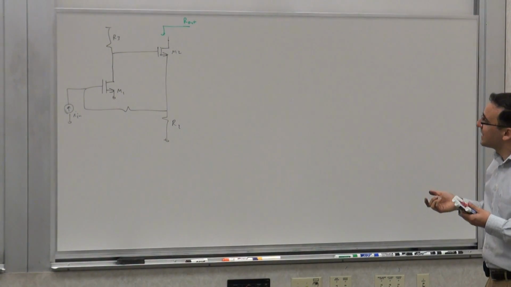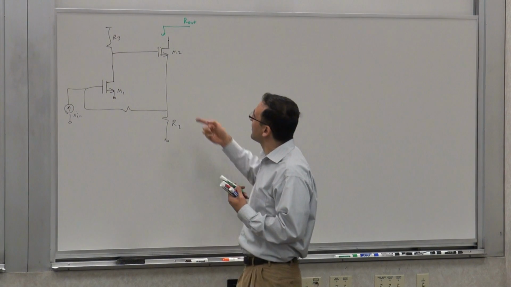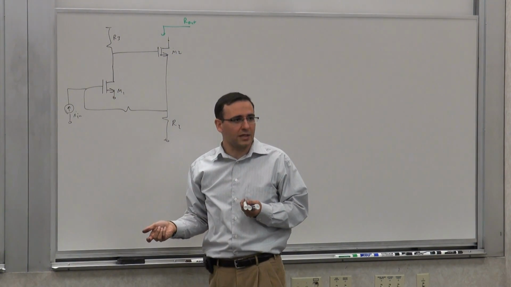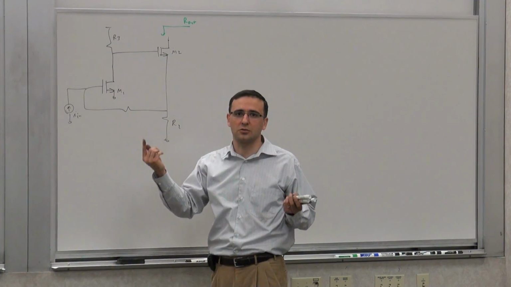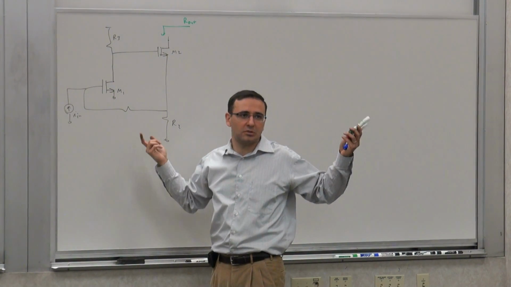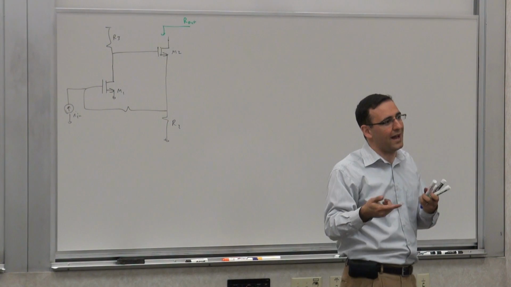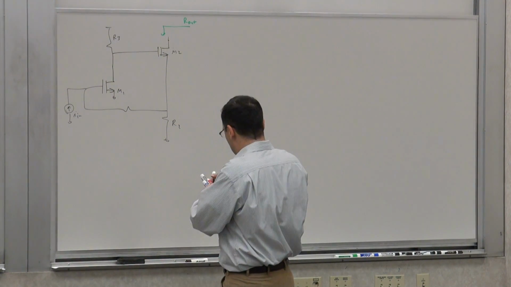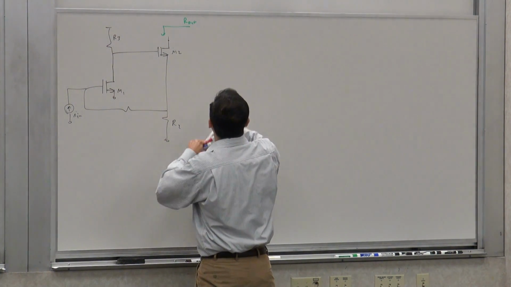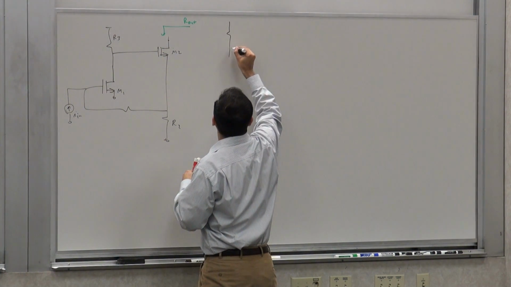Now, if I'm interested in R out, I really need to take the RO of this guy into account. Because if I don't, basically all I get is infinity. I get a current source at the output. But if I want something more accurate, I have to take the RO into account. You see what happens. Alright, so let me just draw a small signal model here quickly.